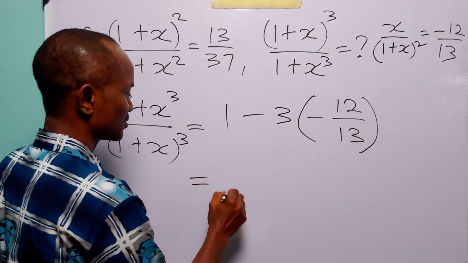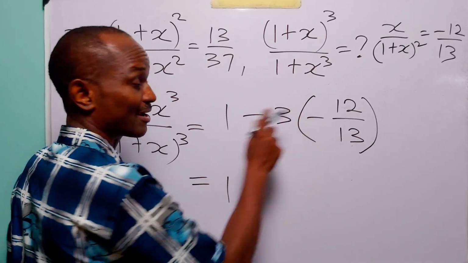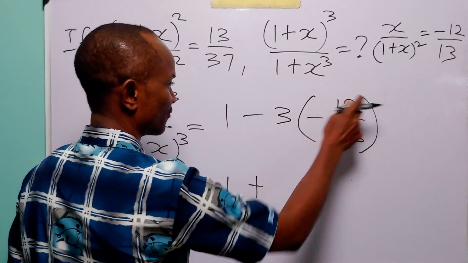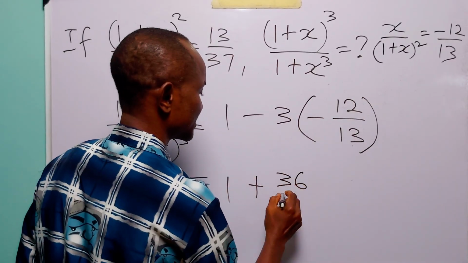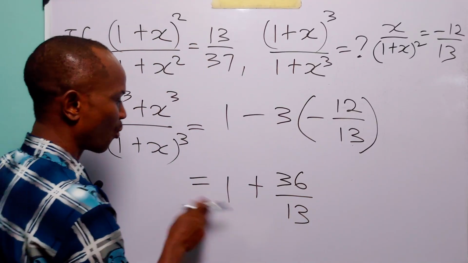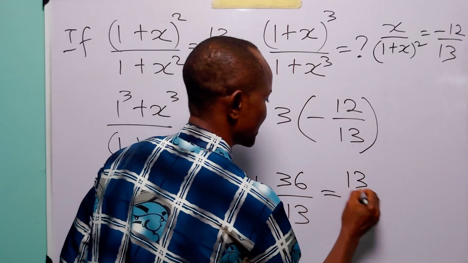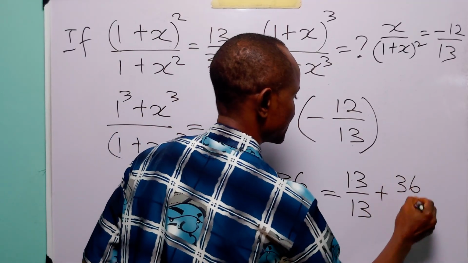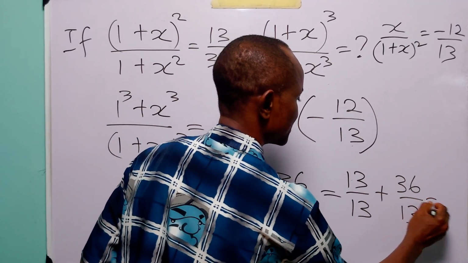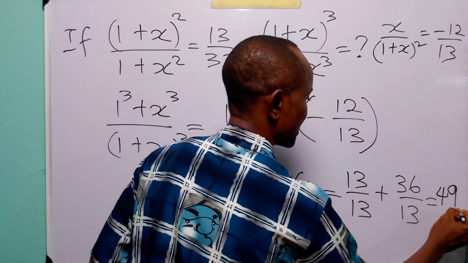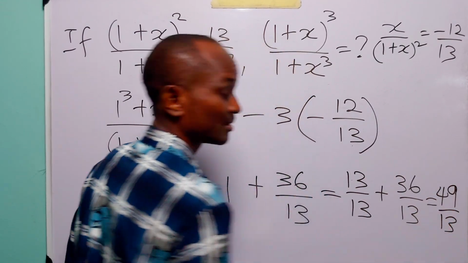And this is equal to 1, minus minus is plus, and 3 times 12 is 36 over 13. Once more, 1 is equal to 13 over 13 plus 36 over 13. This is equal to 13 + 36, which is 49 over 13.